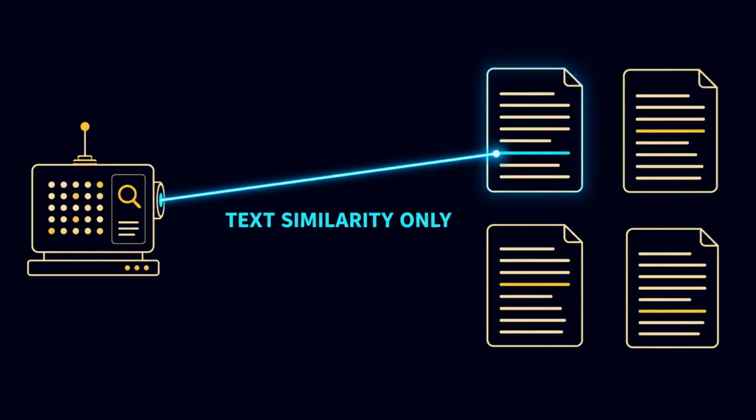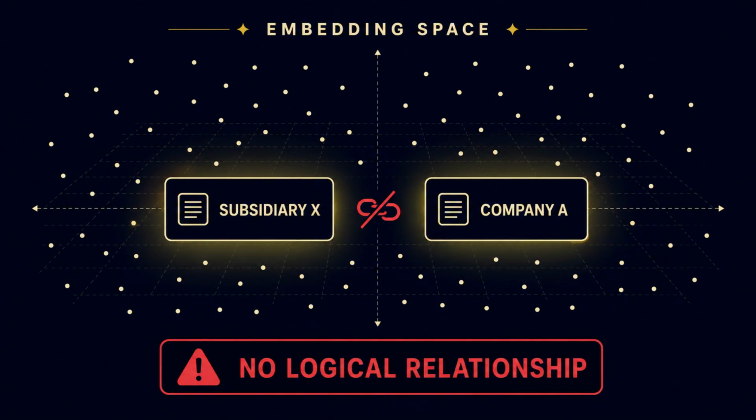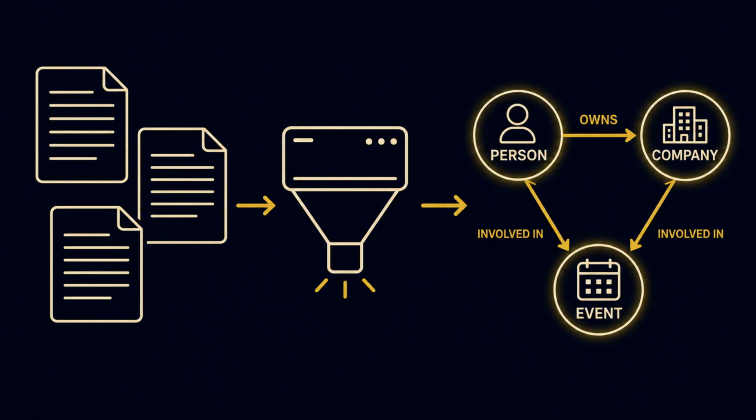Standard vector search finds chunks that sound like the question, but the real answer needs you to connect the dots across many separate documents, one about ownership, another about filings, another about settlements. Vector search does not actually know that subsidiary X is owned by company A. It just knows both phrases show up in similar sounding text.